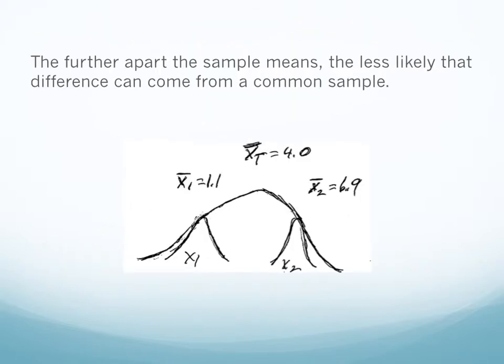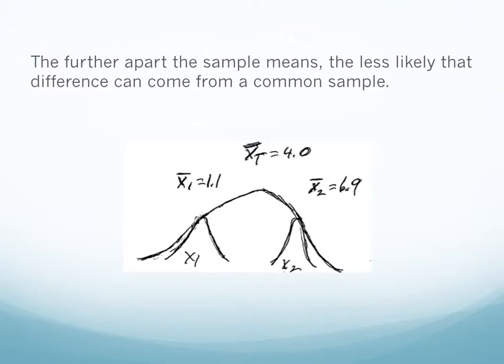Well, if you think about the computation for the t-statistic, we know that in the numerator, it's the difference between the 2 samples. So the further apart the sample means, the less likely that the difference will be perceived to have come from a common sample.